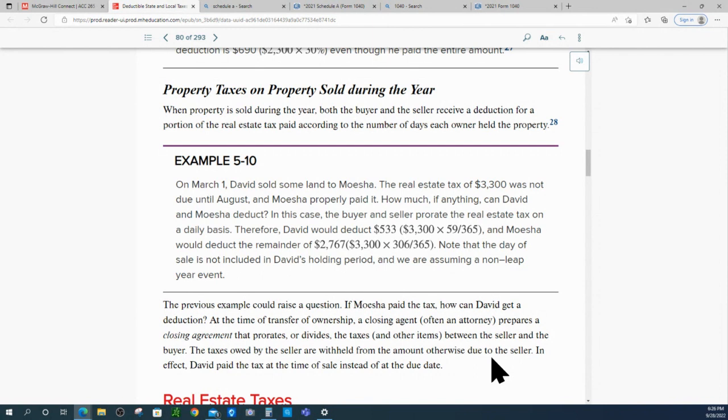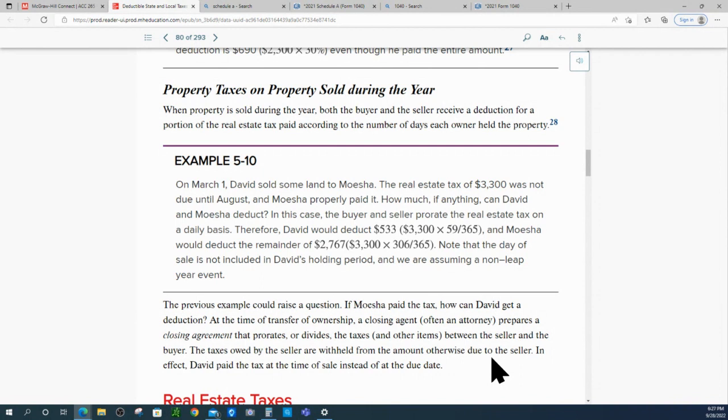But you're not paying for 2022 taxes on September 30th. You're paying for property taxes from 2021. So you may not have owned the property in 2021. Even though you're paying the tax on September 30th, if you didn't own the property for the period in which the tax is being assessed, then you don't get the deduction for it.